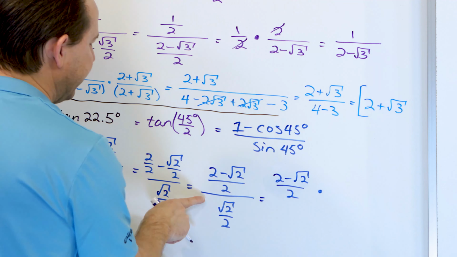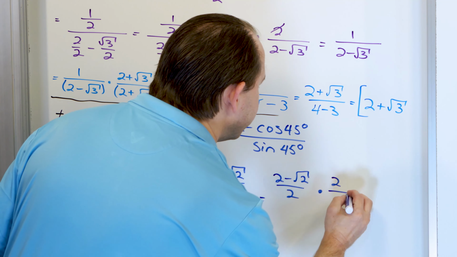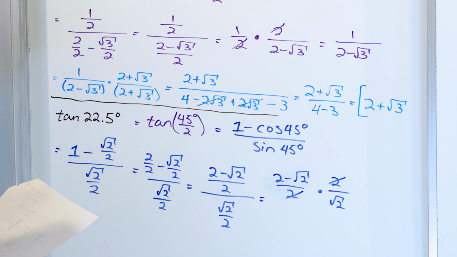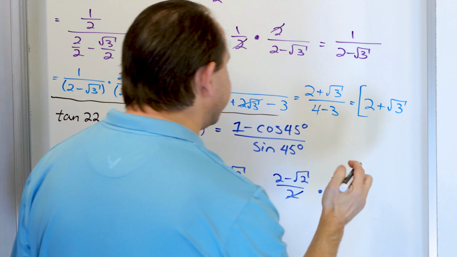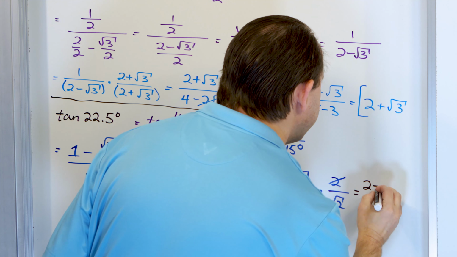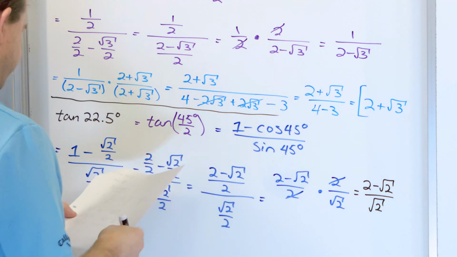I'm going to change this division into multiplication and flip and multiply, so it's going to be 2 over square root of 2. Cancel, cancel. All right? So what I'm going to have over here, since there's just a 1 now, is 2 minus square root of 2 over square root of 2.